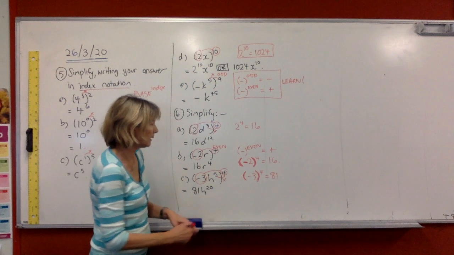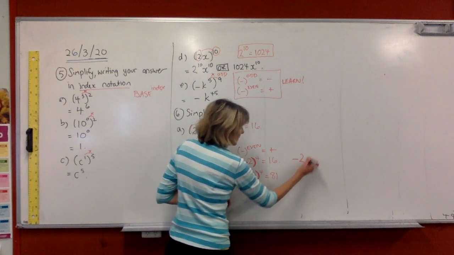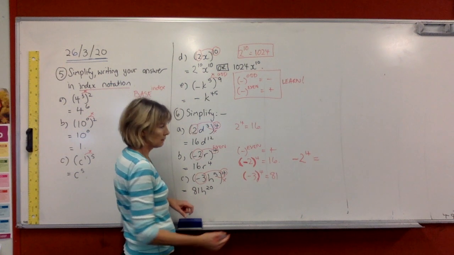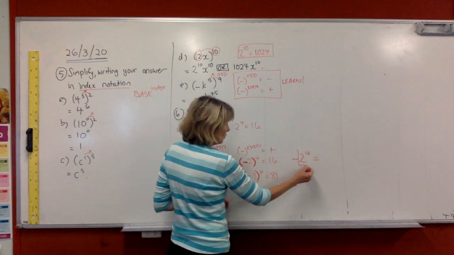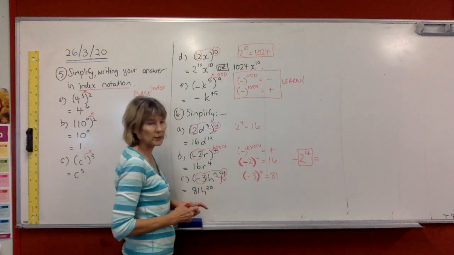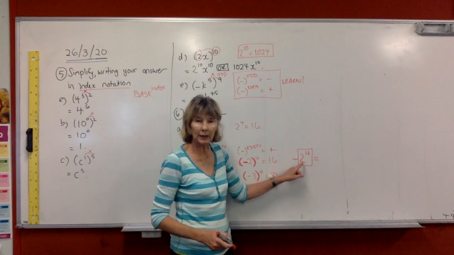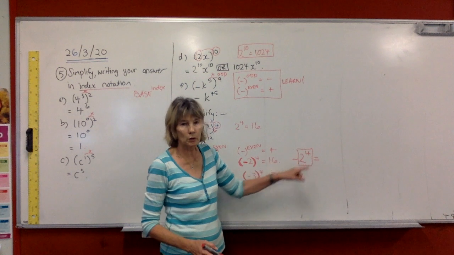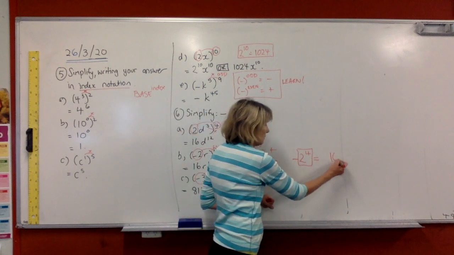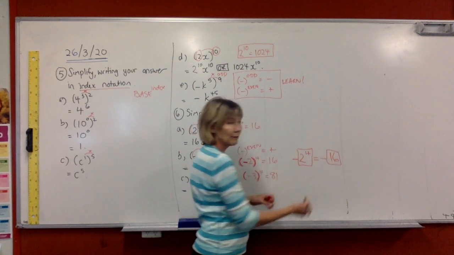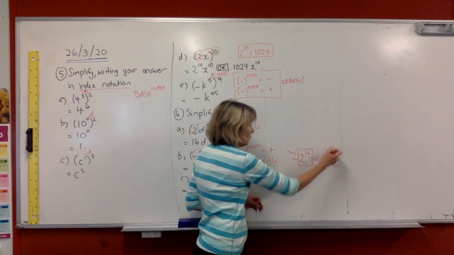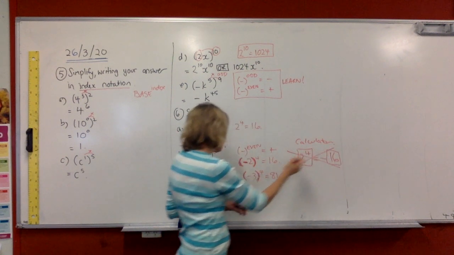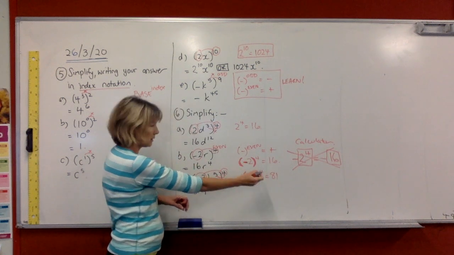If you don't do that, if you write it like this, the calculator thinks that you want to just do 2 to the power of 4 because it reads the base directly below the index. Okay, so the calculator is going to think, well, you want 2 to the power of 4, that's 16, and we'll just throw a minus in front. That's what the calculator will give you, and that's not what we want it to do. Right, so we've got to put it in with the brackets to get this right.